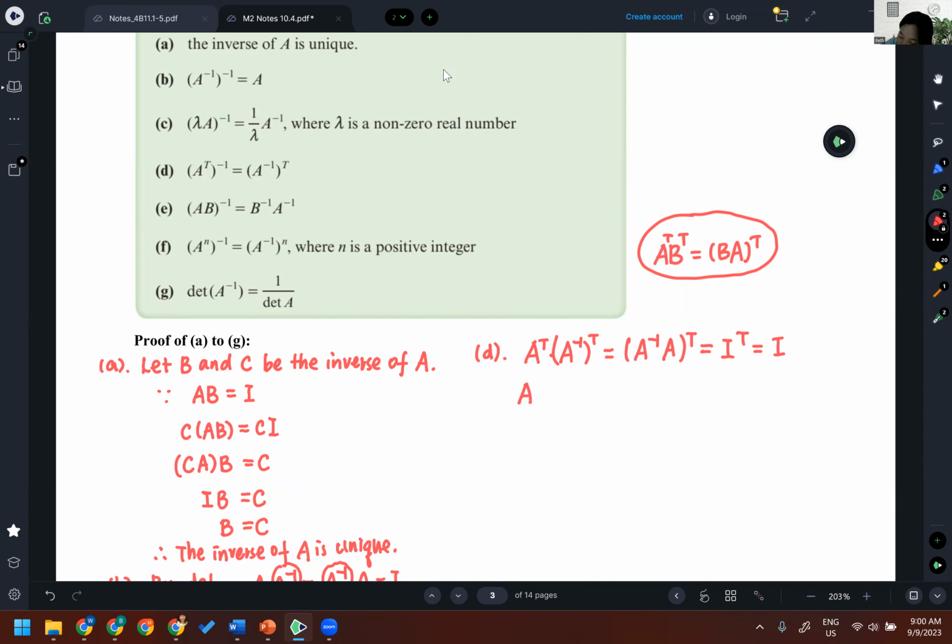A inverse transpose times A transpose equals A A inverse transpose. That is also I transpose equals I. Therefore, I can say these two matrices are inverses of each other. That means A transpose inverse equals A inverse transpose.